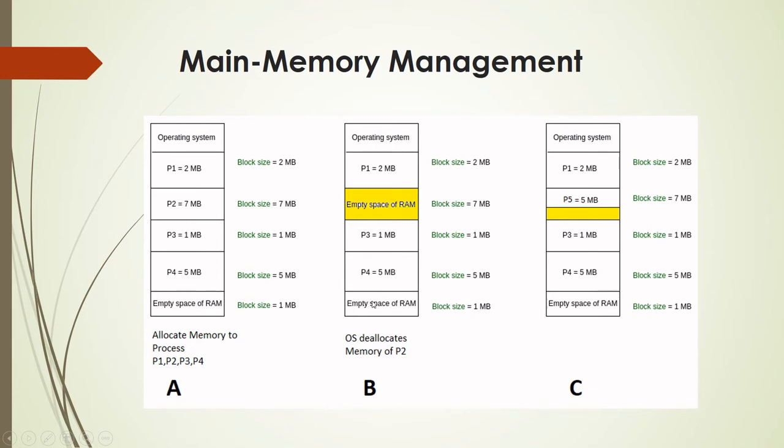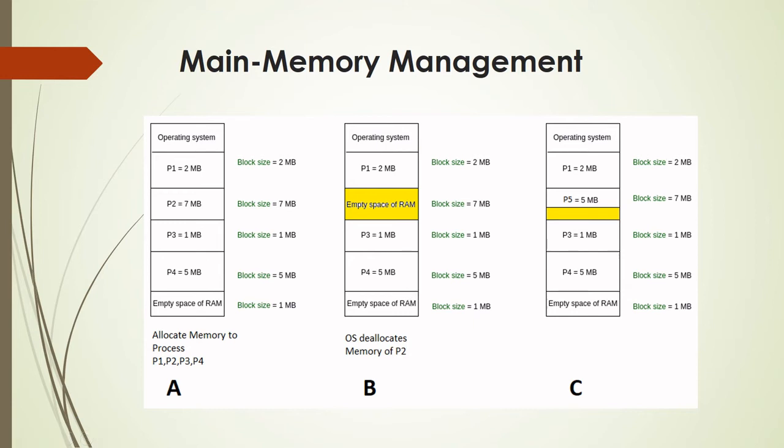One of them is 1 MB and the other is 7 MB. Suppose a new process comes in, P5, whose size is 5 MB. This new process needs a free space. The operating system already has the list of free spaces. One free space is this, another free space is this in figure B.